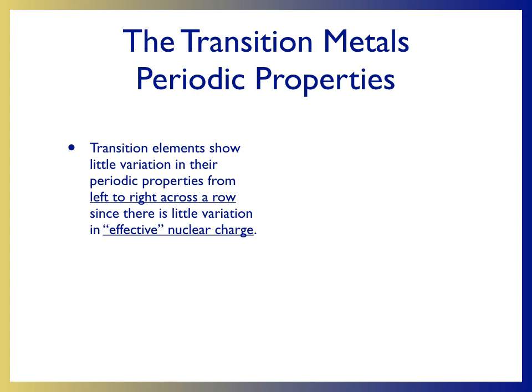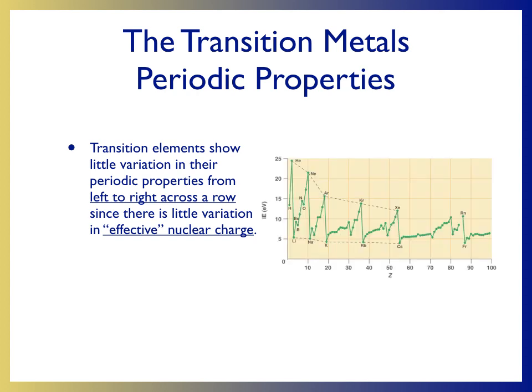The effective nuclear charge does not vary as you go across a row because putting electrons in the d orbitals really does not change the amount of shielding that happens as you go from left to right across a row. You can see this by looking at a plot of ionization energy versus atomic number.